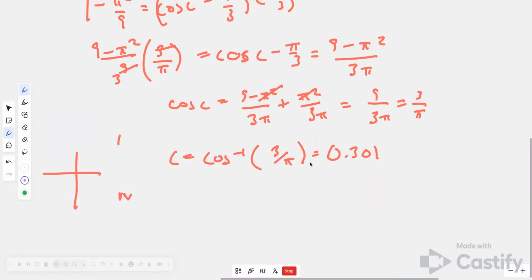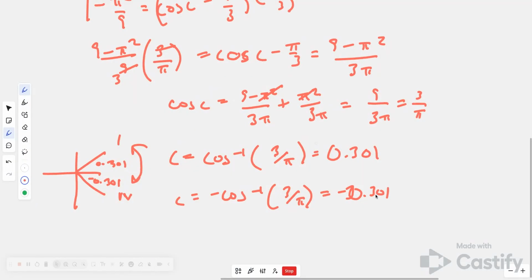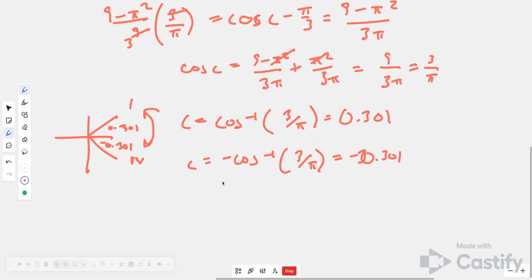So in this case, our angle is going to be 0.301 radians here, but negative 0.301 radians is also going to give you the same x value because cosine is positive in both of these quadrants. So c is also going to be equal to negative cosine inverse of 3 over pi, which is equal to negative 0.301. So that's going to be our final answer.